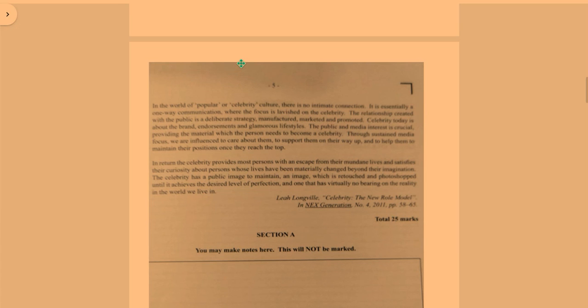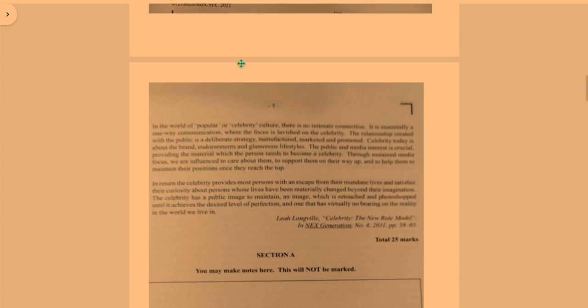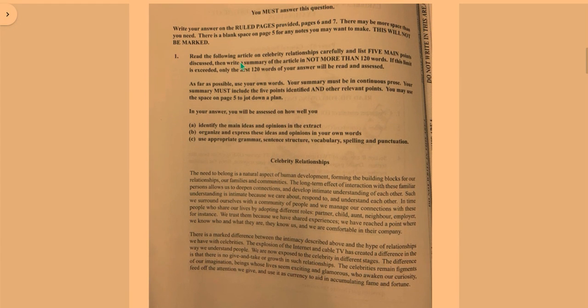So after you have highlighted your main points, you will be asked to state 5 points discussed in the passage, as you can see here. So yes, they will ask you to list 5 main points. At times in a specific paragraph, some main ideas would be stated in the paragraph.